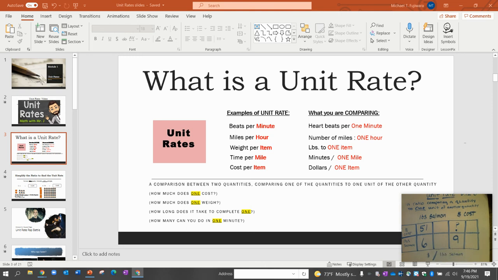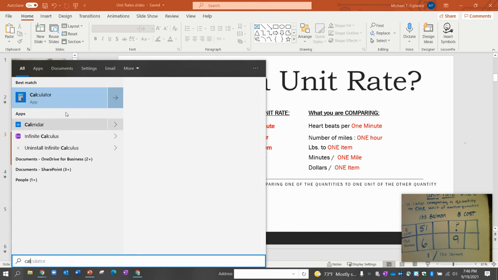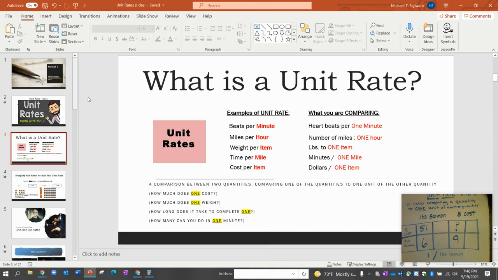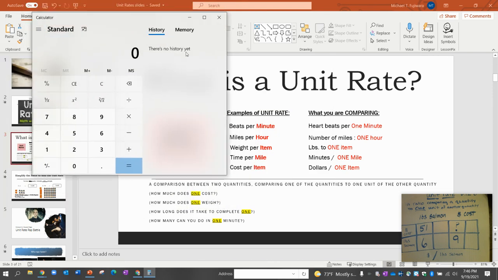The strategy here is to find the cost of 1 pound. And how would you find the cost of 1 pound if you know the cost of 6 pounds? So you can use the calculator for any problem here, any problem in this whole unit.